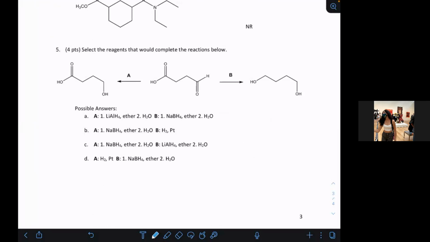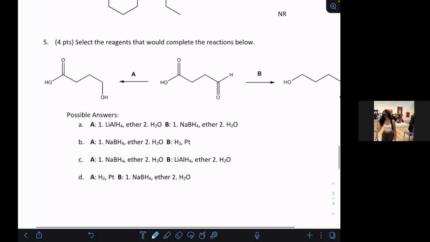Okay, let's see. The reagents that will complete this reaction. For A, we're going from a ketone to an alcohol, but our carboxylic acid is staying the same. Oh wait, this is an aldehyde. But yeah, aldehyde to an OH. So the weaker of the reducing agents.